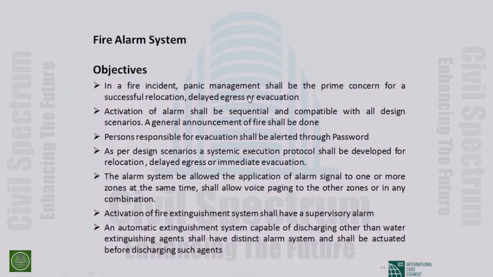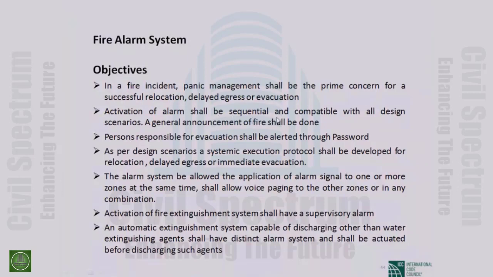For management of panic, you need some rules and some practice. You should do drills sometimes, and you have to give people knowledge so that they do not panic.